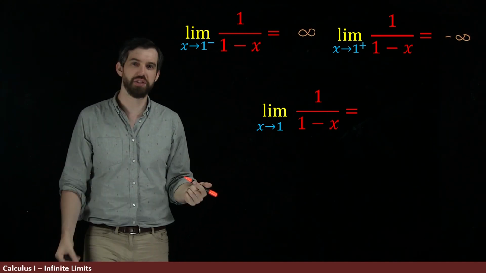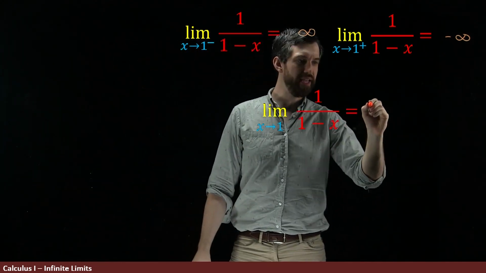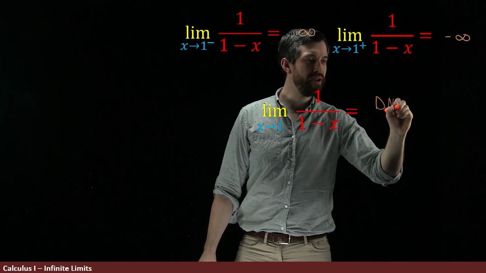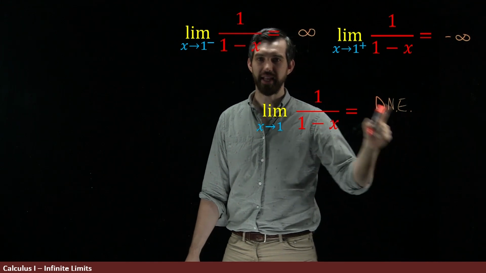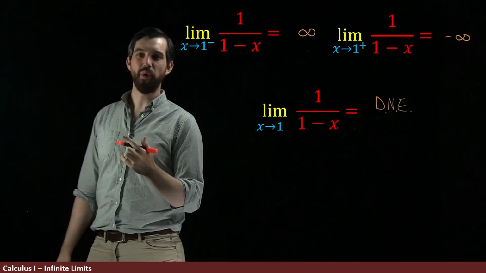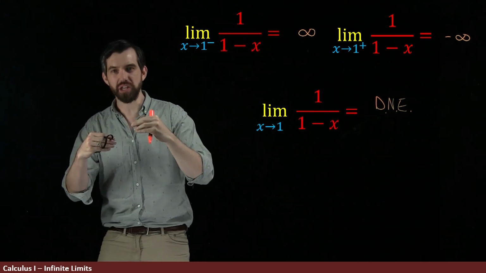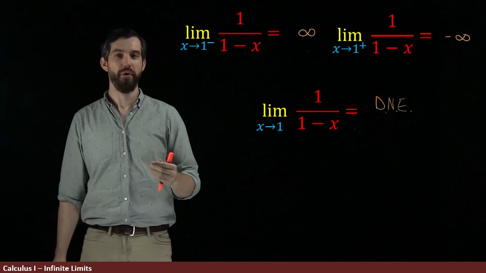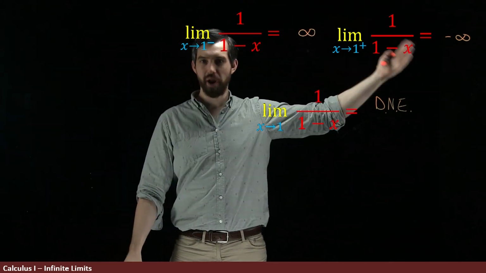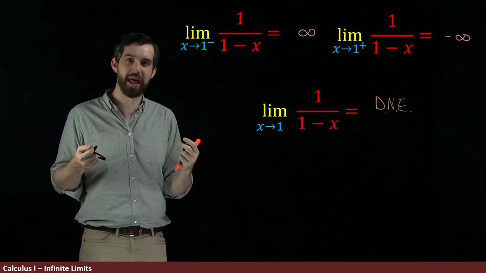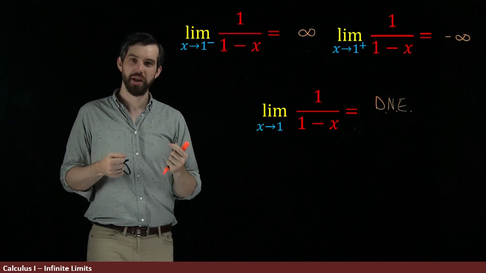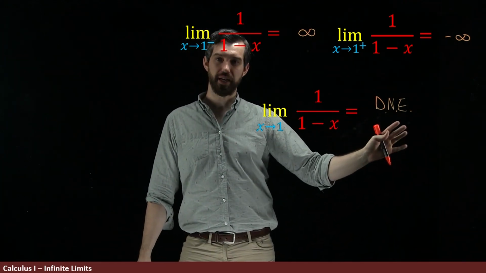And so what we write here is DNE for does not exist. And any time the limit from the left and the limit from the right go to different values, or in this case, one goes to infinity and one goes to minus infinity, which I don't think of as a value, it's a concept, but nonetheless, it's a different thing, then we're going to say that this limit does not exist.